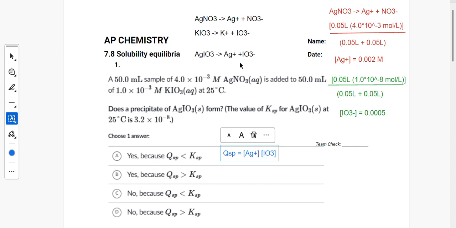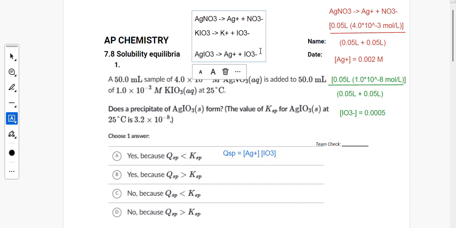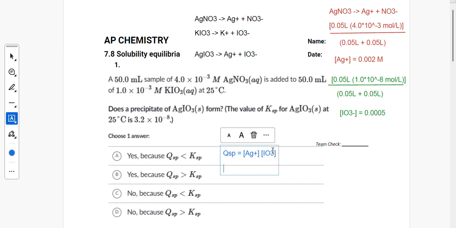And the nice thing is there are no coefficients, so we don't have to worry about putting exponents here, like to the power of 2, because we don't have any. They were nice to us on this problem.